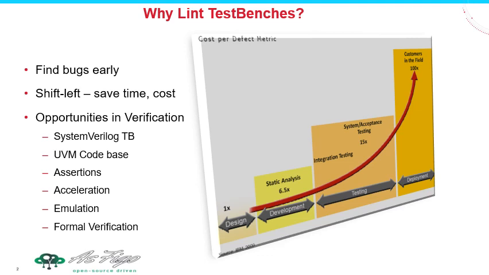Could be the design, then static analysis during the development phase, and then testing, could be your unit testing, integration testing, etc. And then finally, of course, the deployment in case of software, and in case of hardware, you go through a lot more painful post-silicon debug. Right. So essentially in all this, what we want to say is we want to find bugs as early as possible. And so what are the opportunities in verification to do all this?